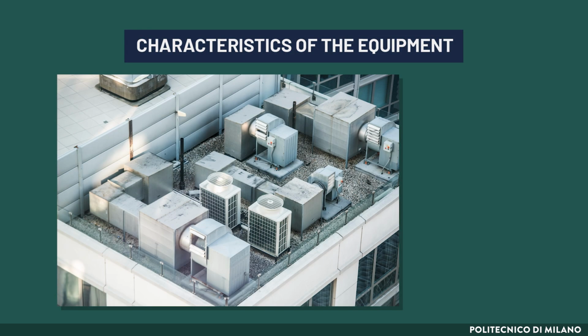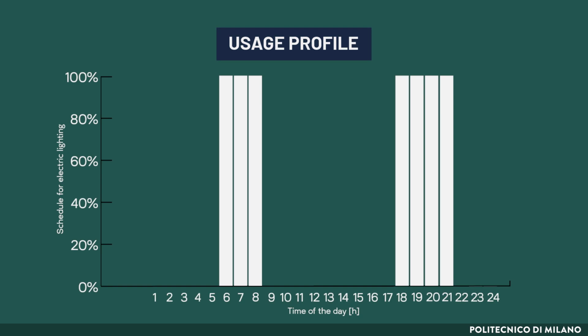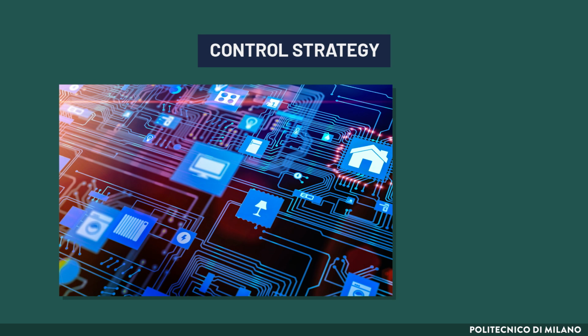Type and main feature of HVAC equipment, such as chiller, air handling units, etc. Artificial lights and other equipment, such as personal computers, lifts, etc. 5. Usage profile of main systems and equipment. 6. Control strategy of various systems, such as sensor, control logic, etc.